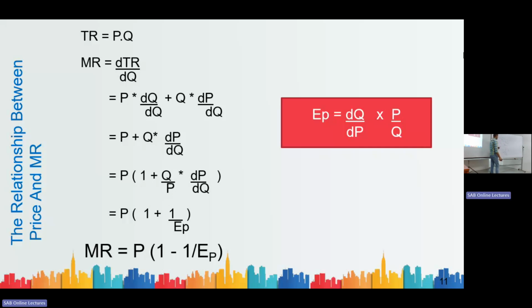Demand is price elastic. If the demand is price inelastic, price elasticity will lie between 0 and 1. It's greater than 0 and less than 1.